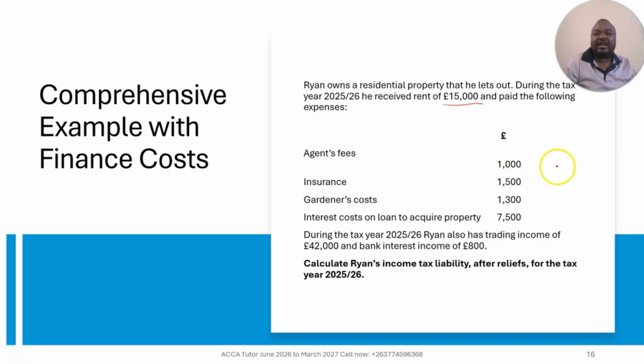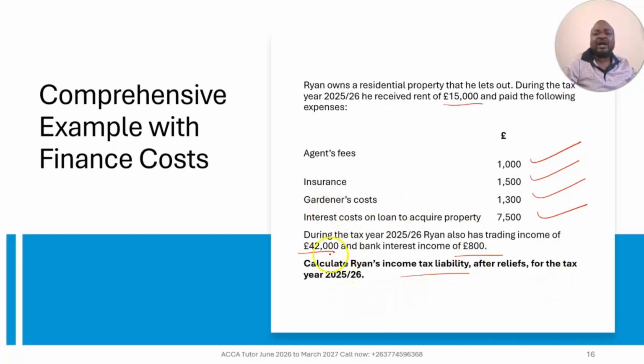We are given the agent's fees, £1,000, insurance paid out, £1,500, gardener's cost, £1,300, interest cost on loan to acquire property, £7,500. During the tax year 2025/2026, Ryan also has trading income of £42,000 and bank interest income of £800. Calculate Ryan's income tax liability after relief for the tax year 2025/2026.